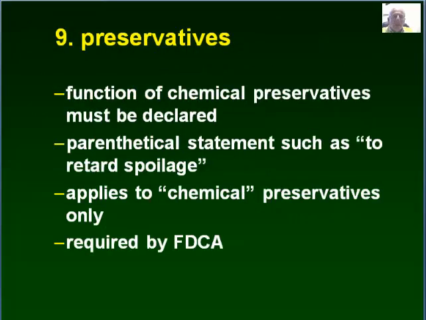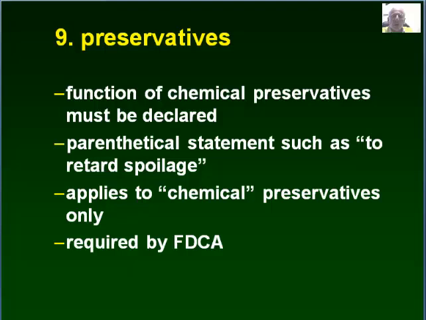Preservatives as well are included under some of the labeling requirements. The function of chemical preservatives must be declared. In a parenthetical statement, say you're using an antioxidant in the product, BHA, BHT, butylated hydroxyanisole, butylated hydroxytoluene.